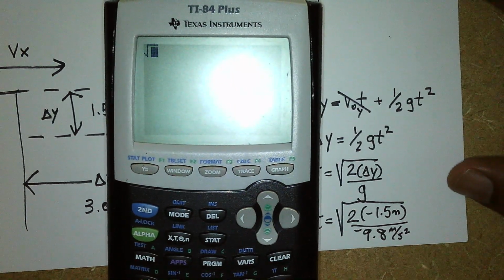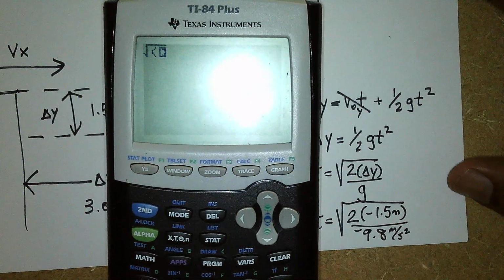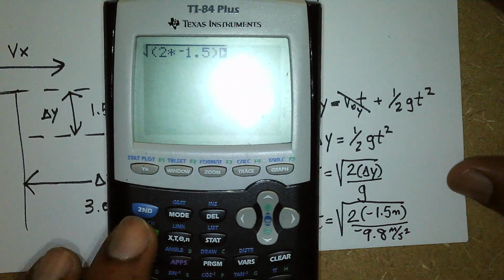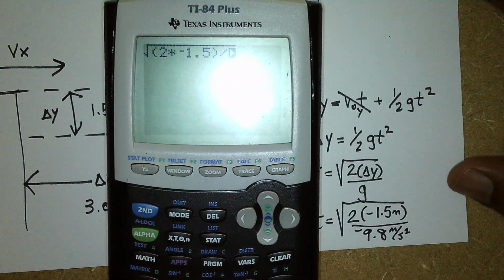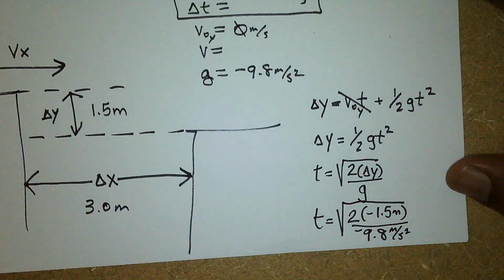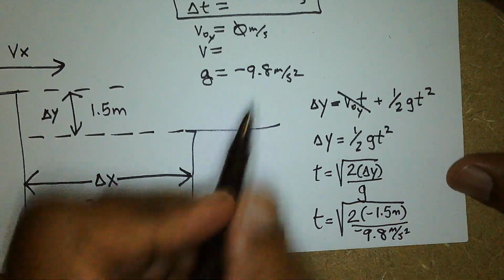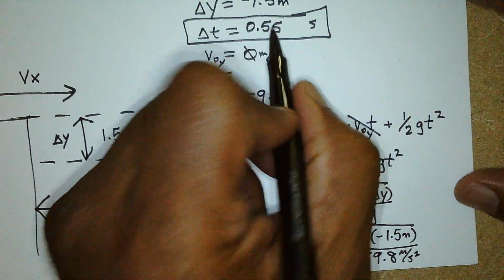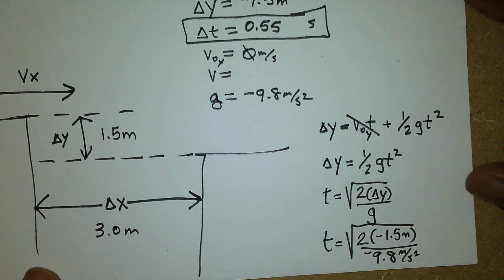Square root, parentheses, 2 times negative 1.5, close parentheses, divided by negative 9.8. That gives us a time of 0.55 seconds. So our time is 0.55 seconds. That is approximately how long they'll be in the air.